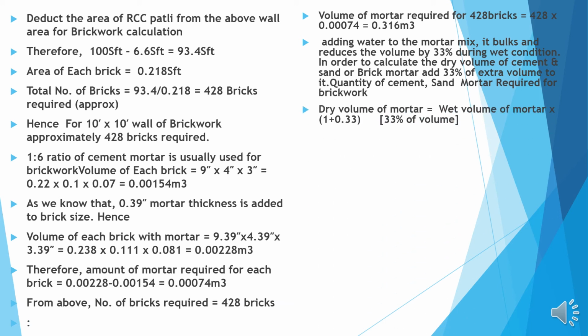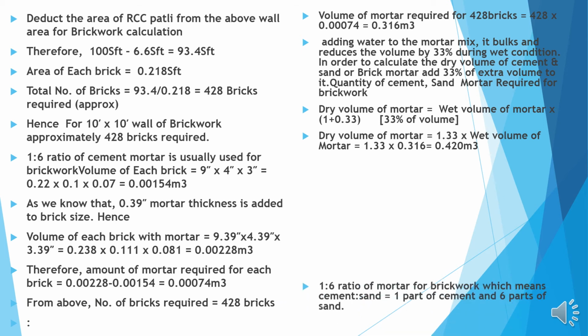So dry volume of mortar is equal to wet volume of mortar multiplied by 1 plus 0.33, that is 33% of volume. So dry volume of mortar is equal to 1.33 into wet volume, that is 1.33 into 0.316, which makes 0.420 cubic meter.